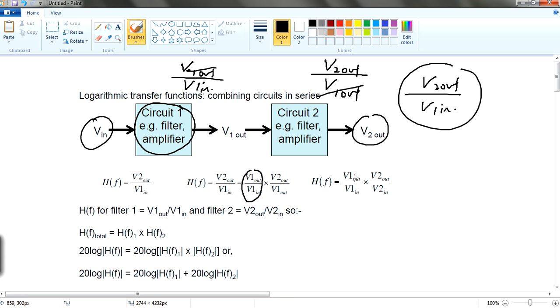Nonetheless, you can also represent it like this. This V1 out is actually V2 in also. So you can say you are taking V1 out over V1 in times V2 out over V2 in. So you can multiply transfer function by transfer function.